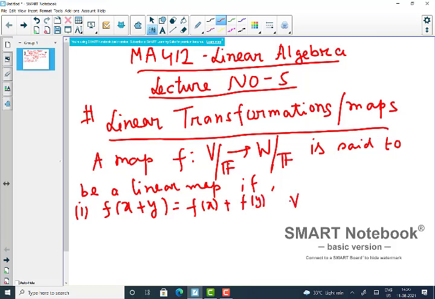This is true for every x and y vectors belonging to V. Okay, and if you see that f of x and f of y are elements of W, so this operation here is inside V, and this operation here is inside W. So I am using both the same symbol, but this is the operation of vector space V, and after the map, on the right hand side you have the operation of W. Okay, this property is called the additive property.